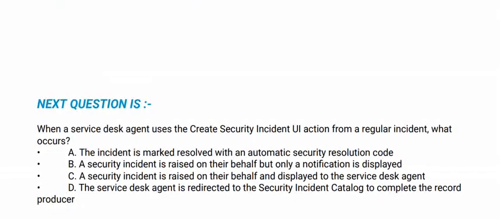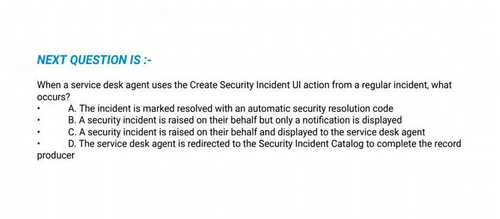Next question is, when a service desk agent uses the create security incident UI action from a regular incident, what occurs? Options are: Option A, the incident is marked resolved with an automatic security resolution code.